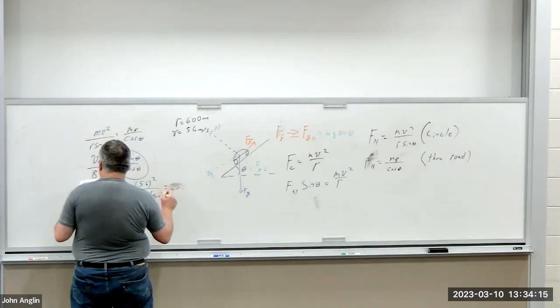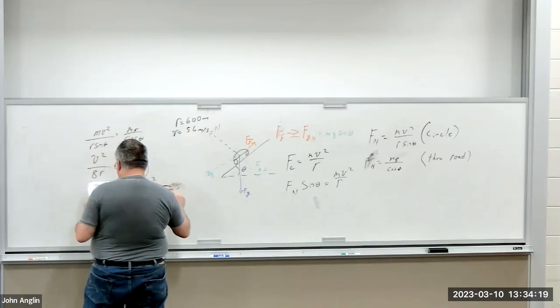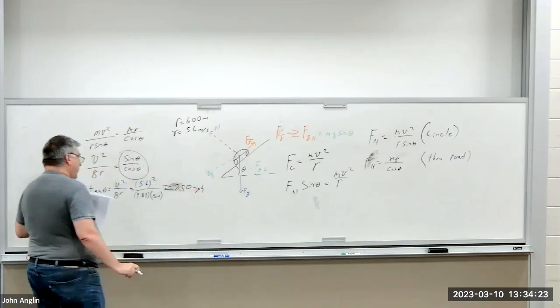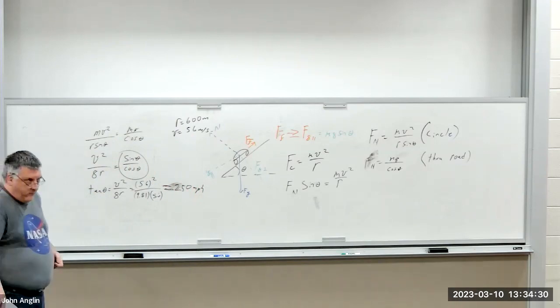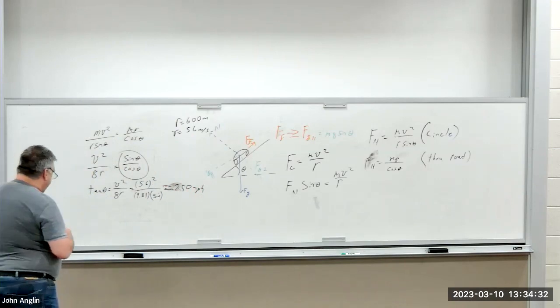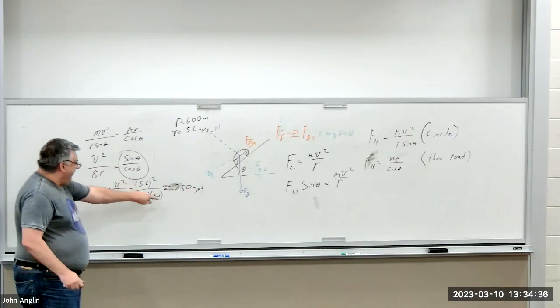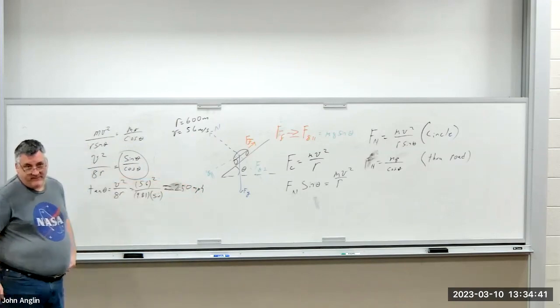I forgot to write down, I had that in meters per second, but this works out to be about 250 miles an hour. Well, that's interesting because on the flat track, we found that we could only do this at 117 miles an hour. So adding this bank to the track means we can go a whole lot faster.